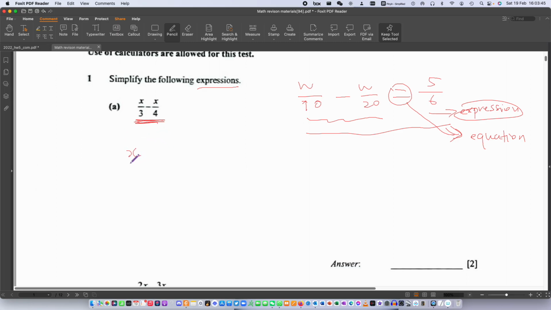You need to show your steps, 2 marks. Times 4, times 4, times 3, times 3. This is the working you are supposed to show. If you don't show the working, 0. 4x minus 3x, x. So this is the answer.